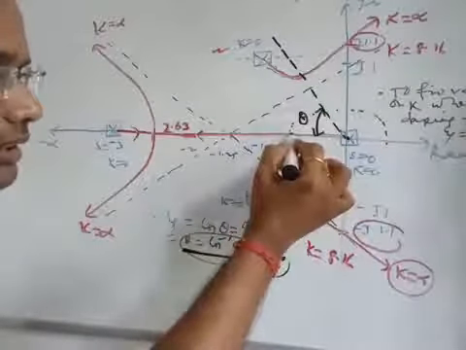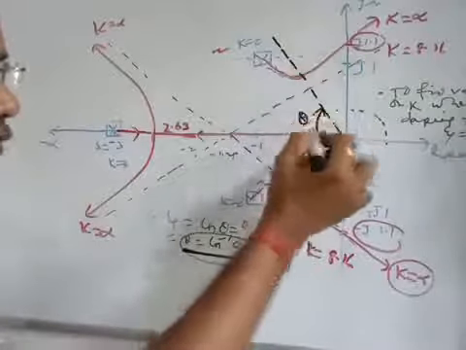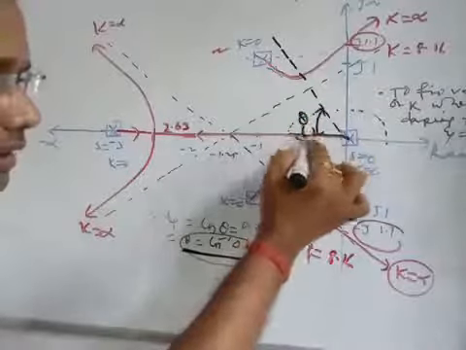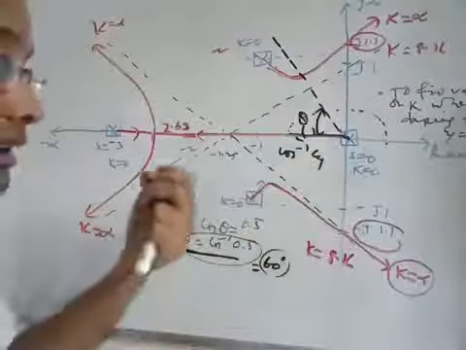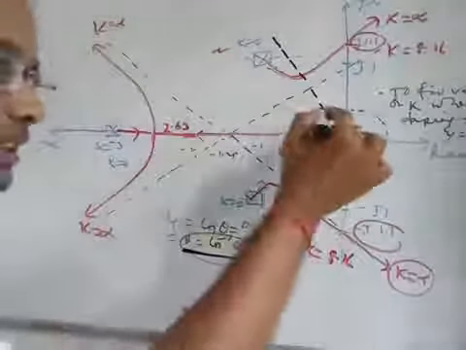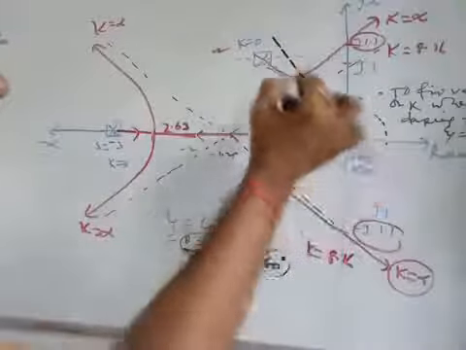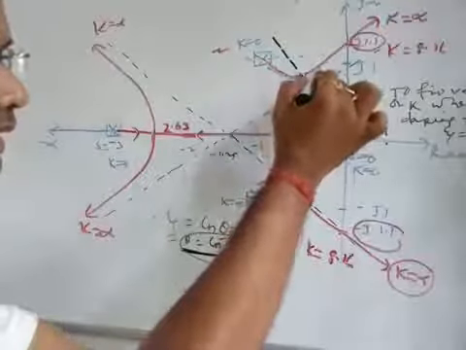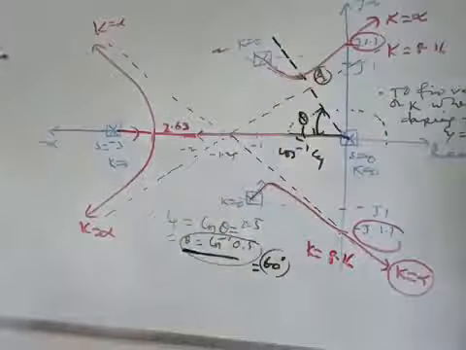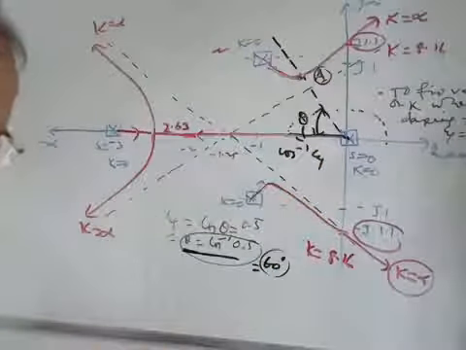This is nothing but cos inverse xi. So whenever the damping coefficient is given, you get theta and make an angle here, and this line will touch this part of the root locus branch at a point, say A, right? Once you get this point, the coordinate of this point can be determined.